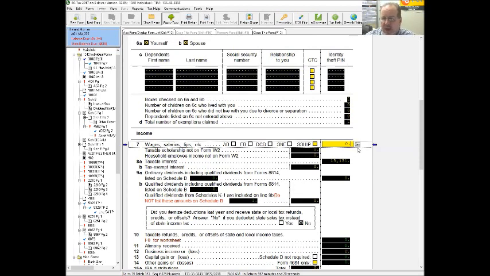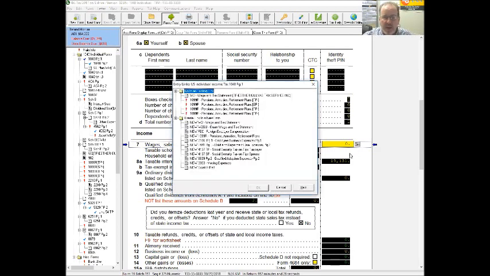I can hit the little gray icon. It's lit up in yellow right now, but I can hit the little gray icon, or I can hit F9, all right, and that's where we have the links for all the different forms that would go into that. We'll talk about a lot of the different ones. So I can see right there, I got it lit up in blue right now. There's where I can get the W-2, okay? So I can get it there.